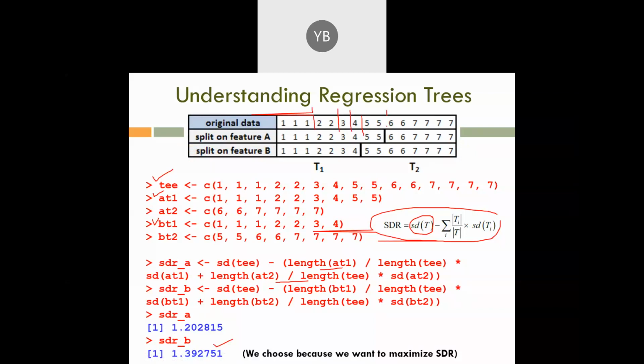So we need to test 1, 2, 3, 4, 5, 6 partitions that are possible for this original data. But in this example, we only did 2. In the actual process, we need to do all 6.